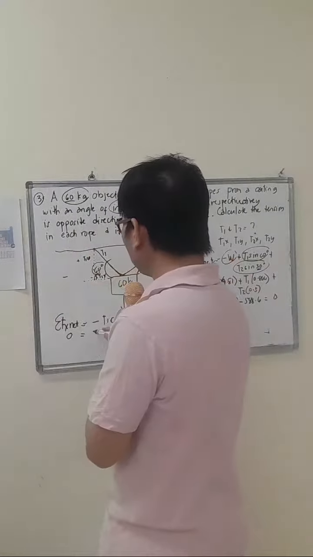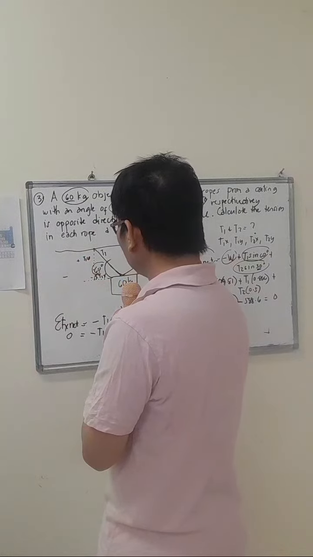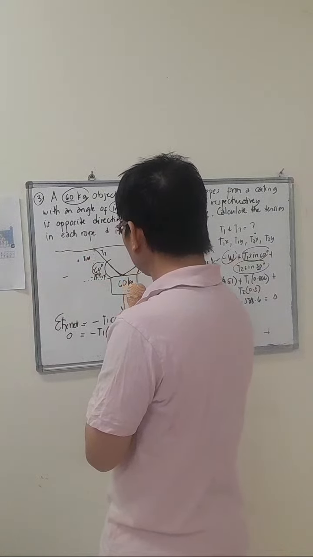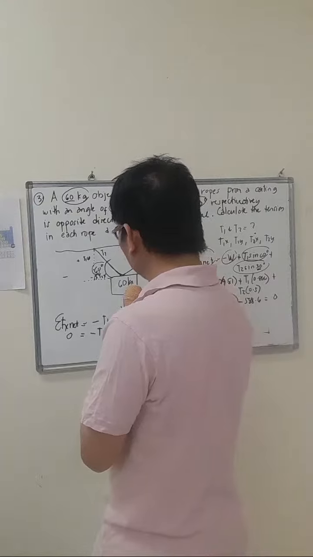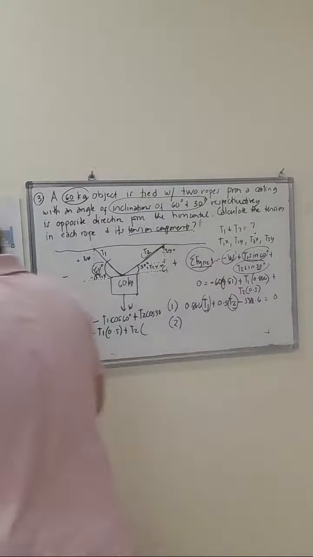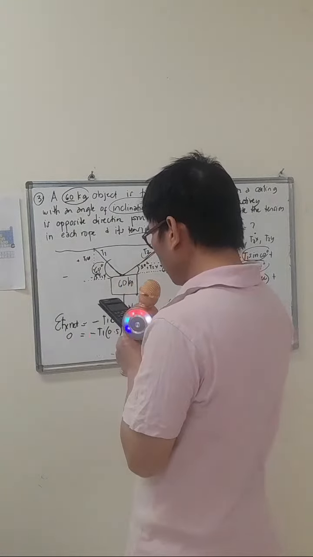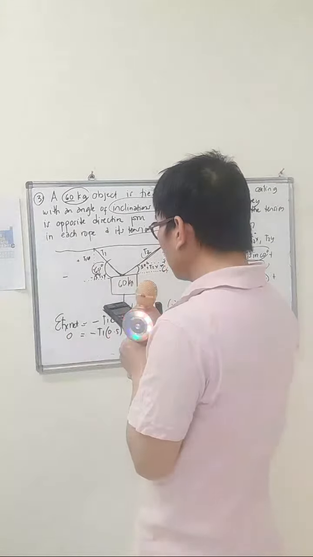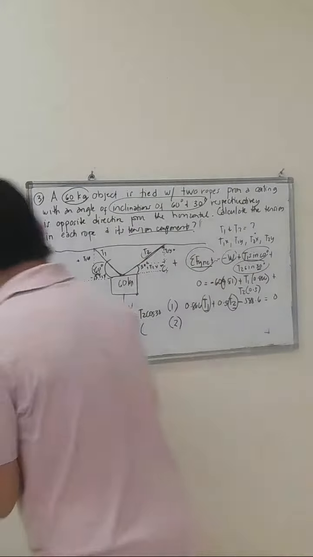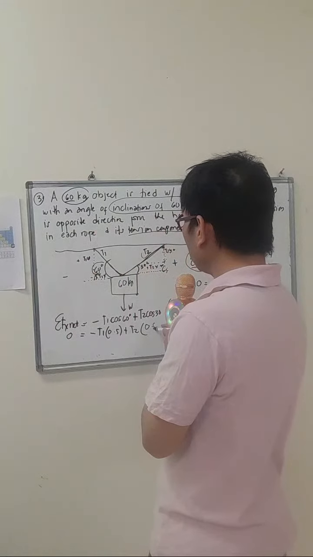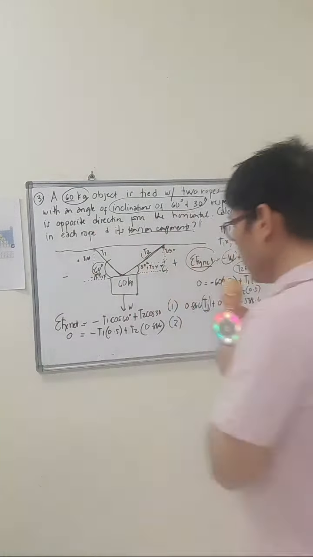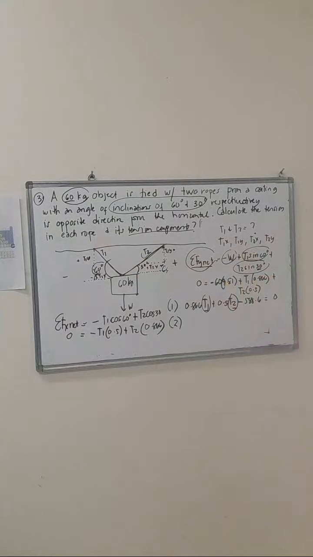So negative T1 times 0.5 plus T2 cosine of 30 degrees. Cosine of 30 degrees is equal to 0.866. Take note, this is our equation 2.